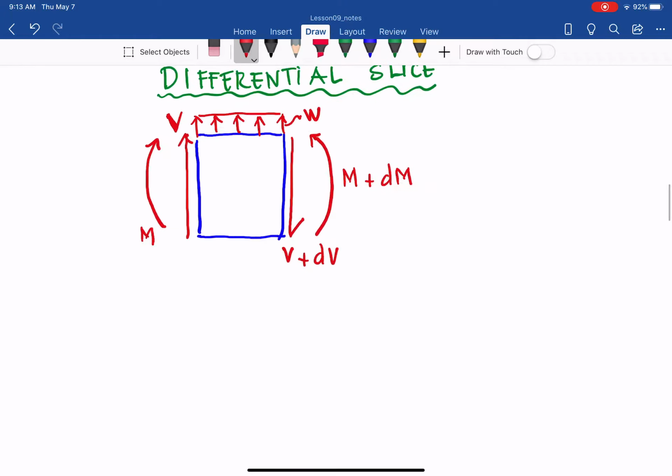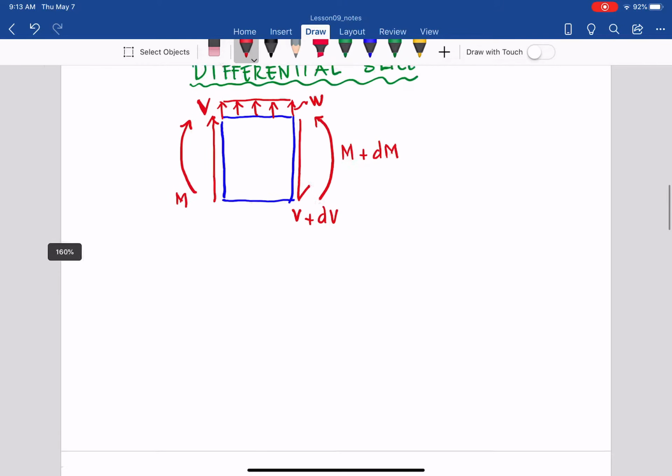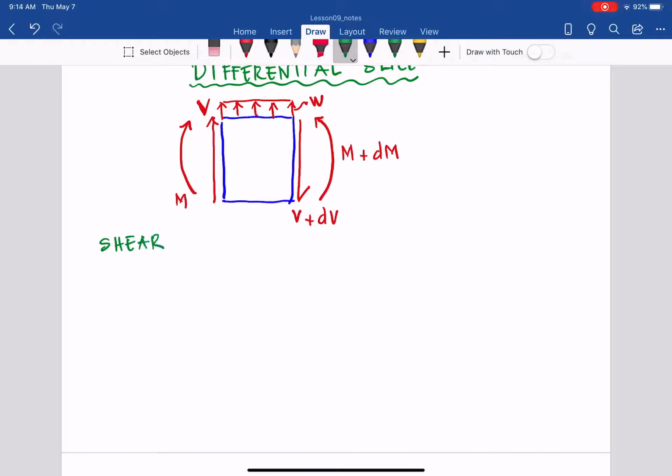So with that, let's talk about the shear from that differential slice. What do we have for the shear in there?